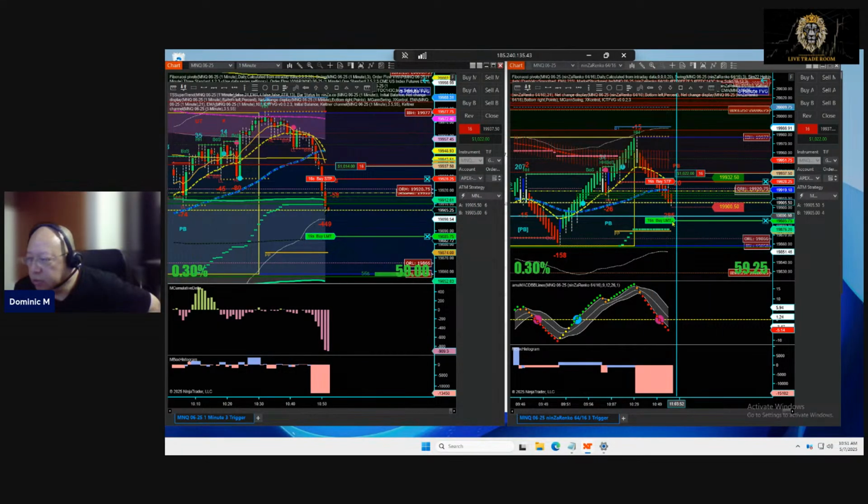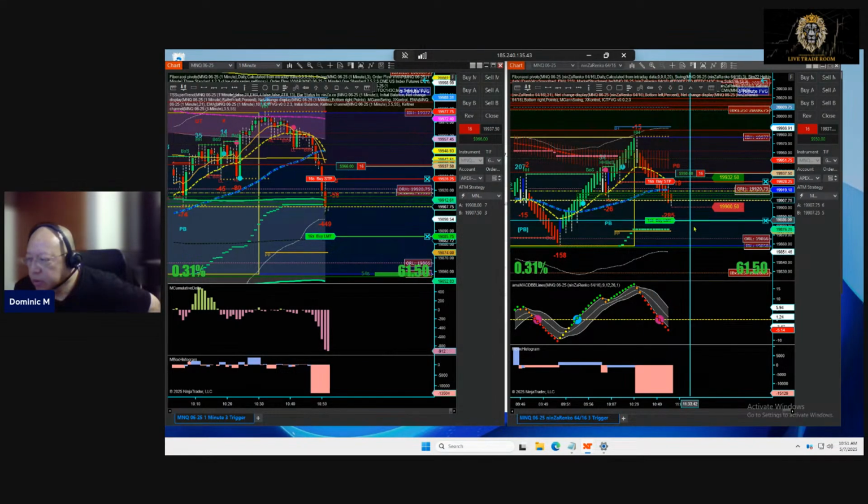I'm looking at this as well on the Renko. This may try to test. Let's see.